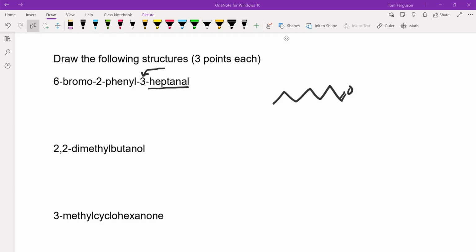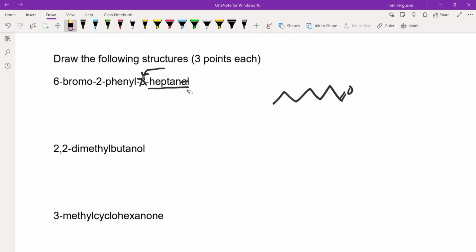So either we need to change this to an ONE, make it a ketone, or get rid of the 3, one of the two. The way it's drawn here, we need to get rid of the 3. And we have 2.